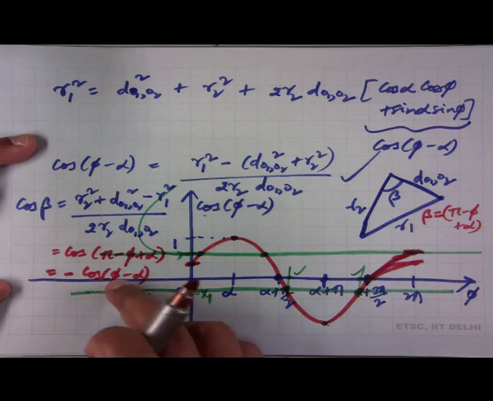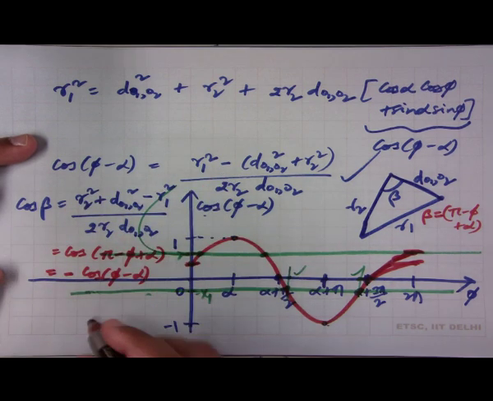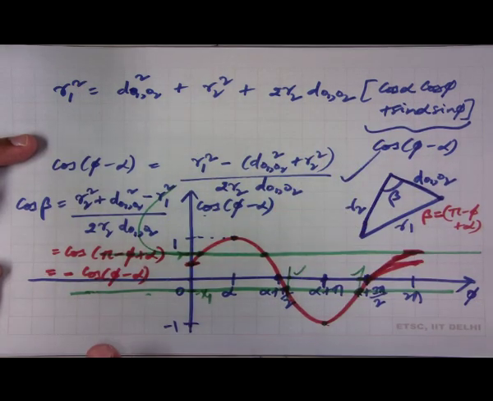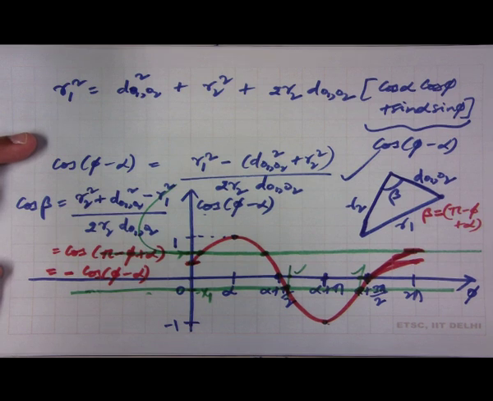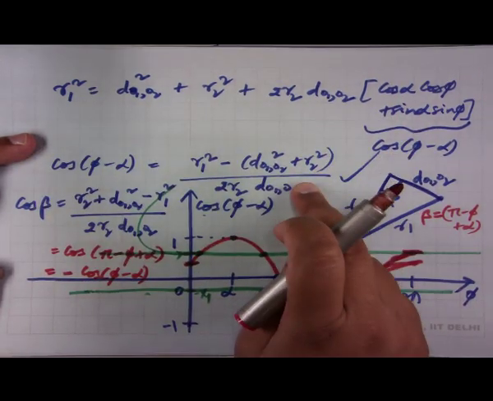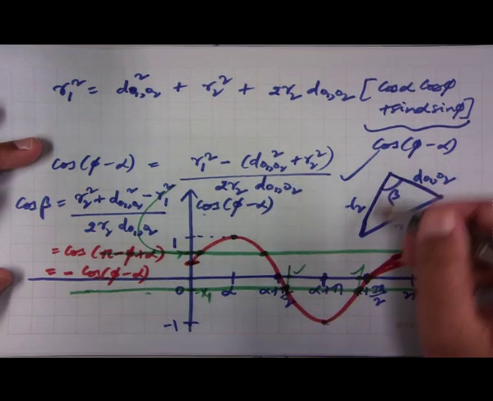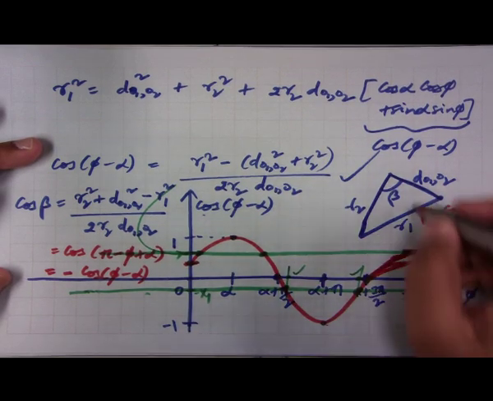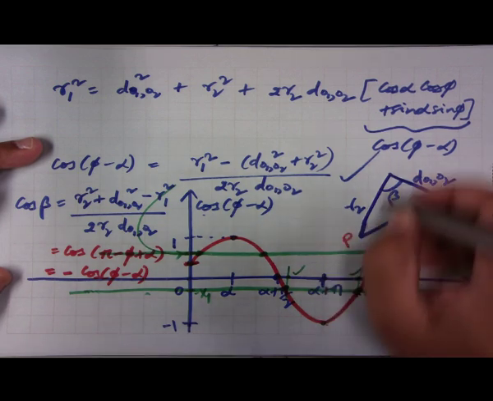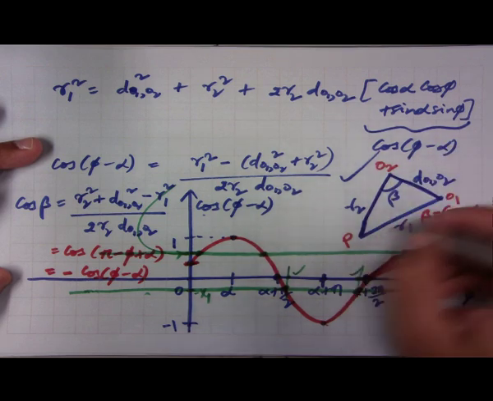So, this is equal to this, and from this we get this equation. So, this equation that we got is nothing but the cosine law applied to this triangle O1O2P.